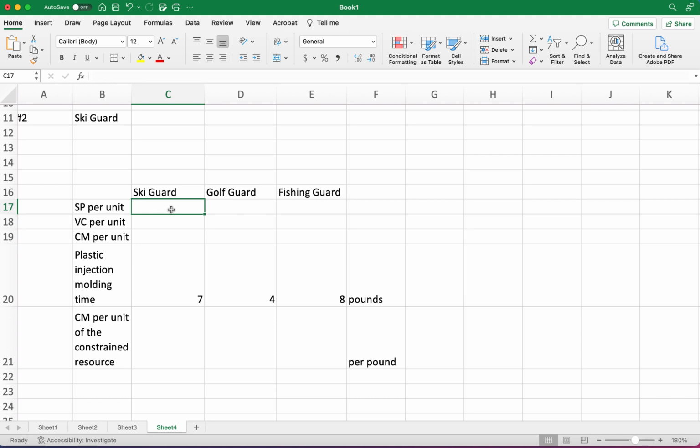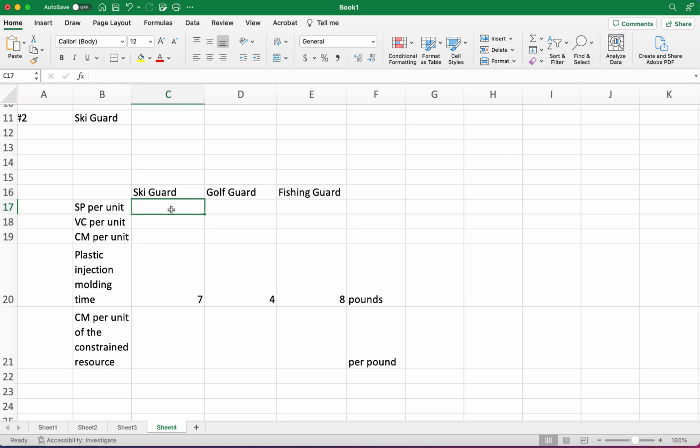Then what we want to do is figure out what is the contribution margin per unit of the constrained resource, which in this case now is the number of pounds of virgin plastic that goes into making either a ski guard, a golf guard, or a fishing guard, okay?